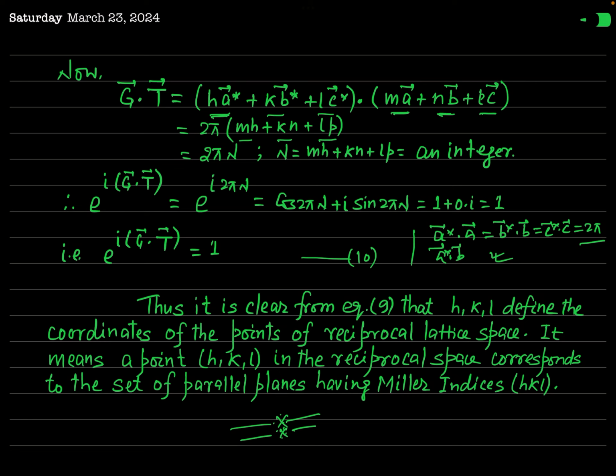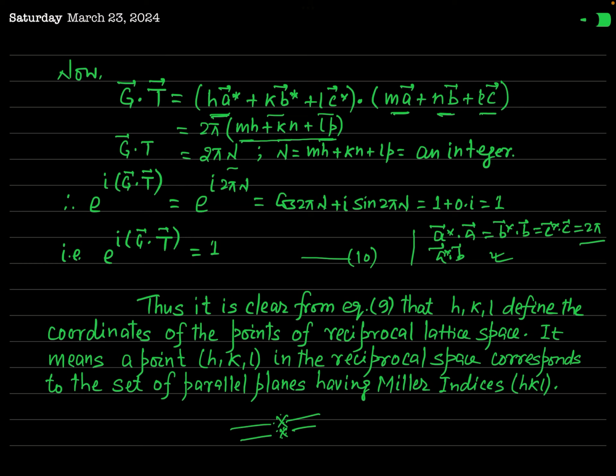Now since m, h, k, n, l and p, all these six are integers, and the product of two integers is also an integer, and the sum of three integers will be another integer, this bracketed term is simply an integer. So I have written, instead of this mh plus kn plus lp, this capital N, and this capital N is also an integer.